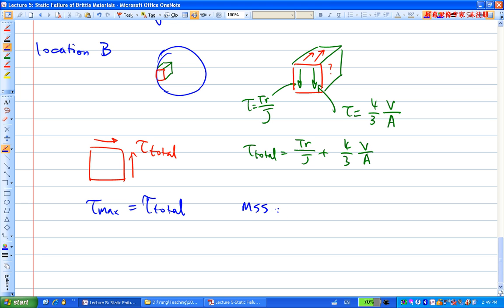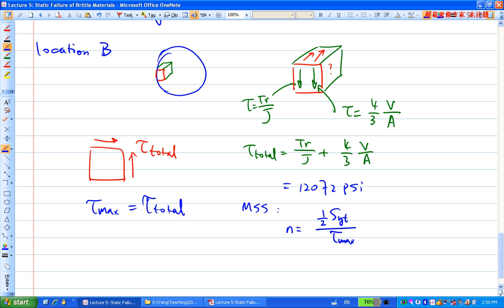And then I can do my MSS theory now. Let's see, I haven't calculated this yet. If we do the calculation here, you're going to get 12,072. Then according to the MSS, we need the safety factor, which is one half SYT over tau max.